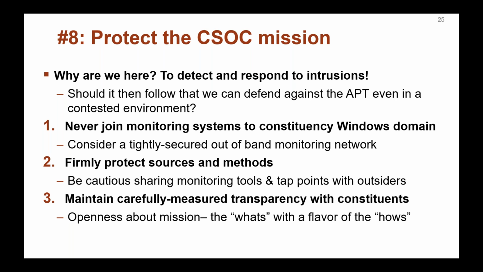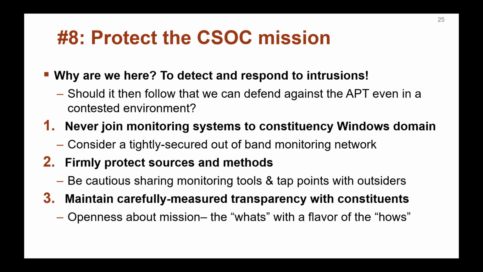Number 2, we want to be careful about protecting our sources and methods, meaning what we're doing and how we're doing it. Two examples. First of all, our signature list, at least any of our custom signatures. Probably don't want to post that on a website available to other random constituents. Another example, we probably don't want to share where we're tapping our sensors. Not a good idea.